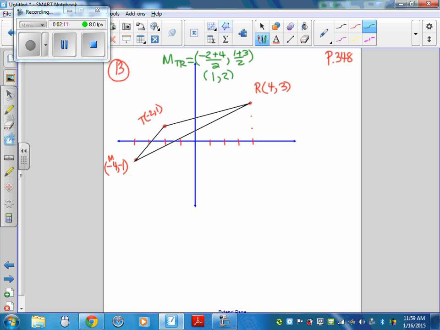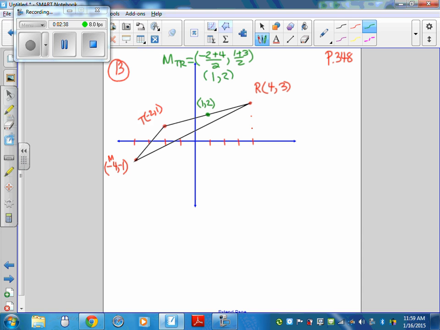Because between negative... No, sorry, it's 1. Wait, what did you just do? I'm finding the midpoint. Average the x's. Oh, you add them in. Okay. Add, divide by 2. So the midpoint should be 1, 2, and that should be right here. Do you see what I did?